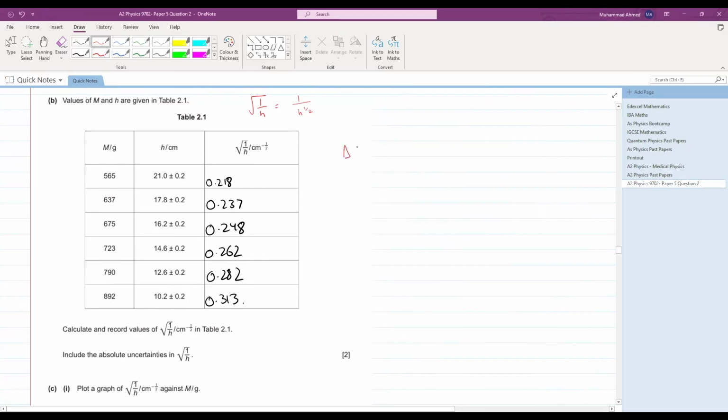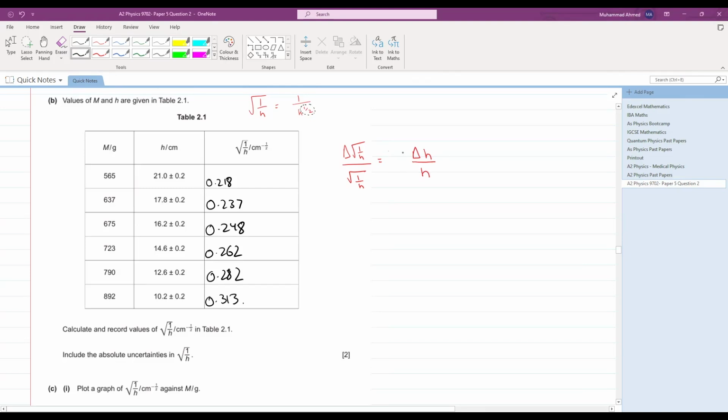So let's write it here. Absolute uncertainty of 1 over h divided by the value of 1 over h is equal to the absolute uncertainty of h divided by the value of h, but you are going to multiply this by the power of the variable, that is half.